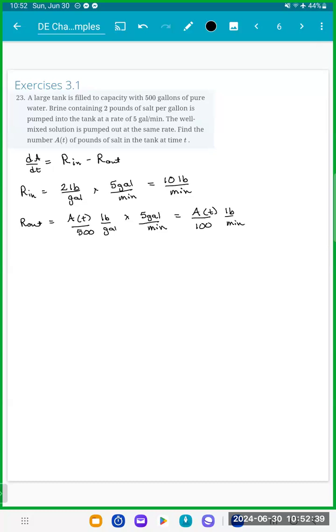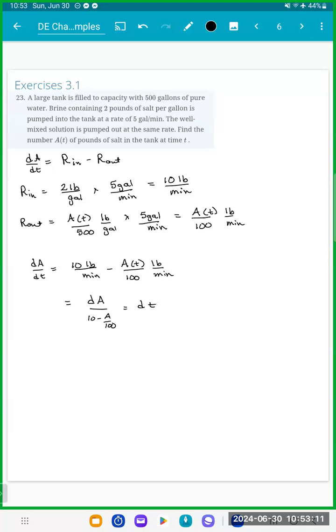Okay. So dA/dt is equal to 10 pounds per minute minus A of t over 100 pounds per minute. Notice my units are similar. That's going to simplify, let's say dA over 10 minus A over 100 equals dt.